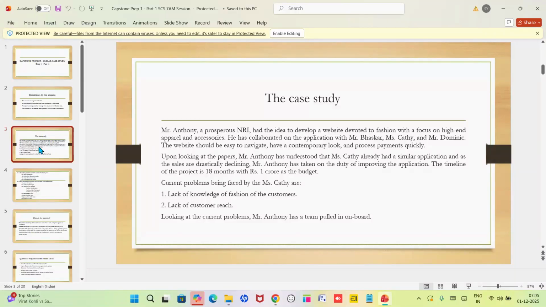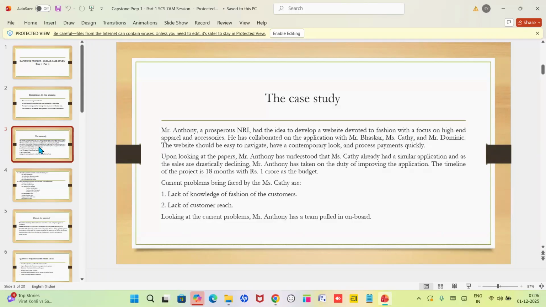Here Mr. Anthony is collaborating with Mr. Bhaskar, Miss Kathy, and Mr. Dominic. Miss Kathy already has a similar application and its sales are drastically declining.